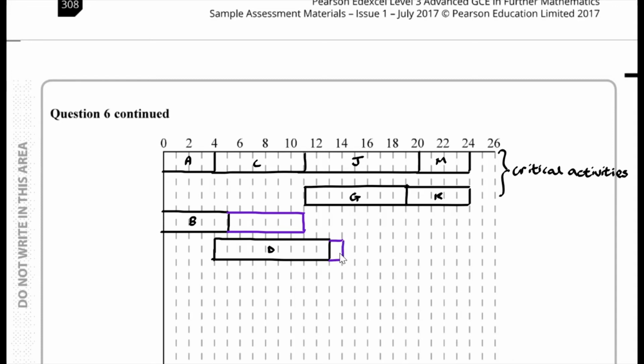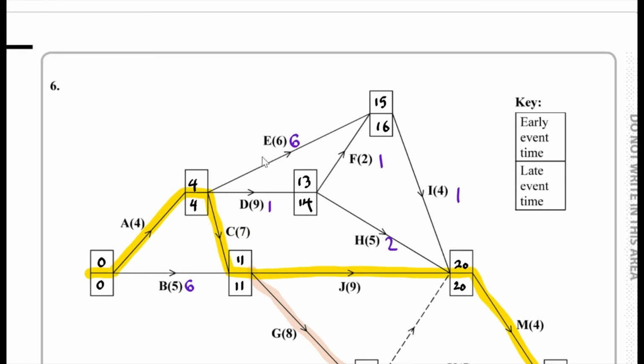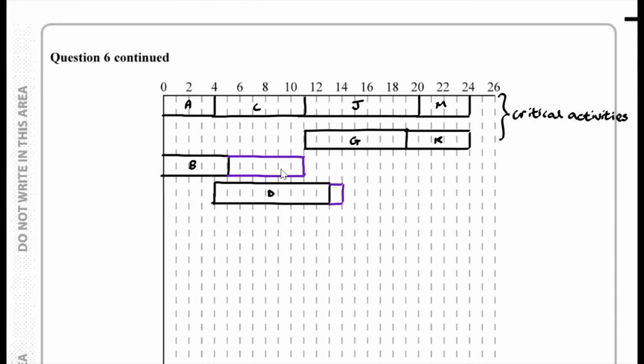And then we have E as well. So if we go back to E, that starts after A is complete. And that has a duration of 6. So if we consider E, E starts when A is complete. And then that has a duration of 6. So 1, 2, 3, 4, 5, 6. That's over here somewhere.